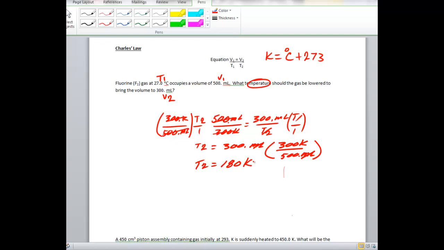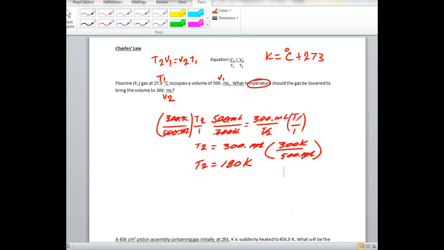What we can do is rearrange this equation a little bit and write it as, if we do some cross multiplication, we can quickly do V1 times T2 is equal to V2 times T1, and it might set up the equation a little bit faster for some of you.